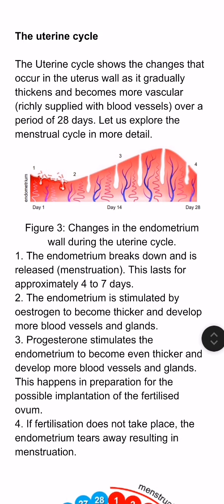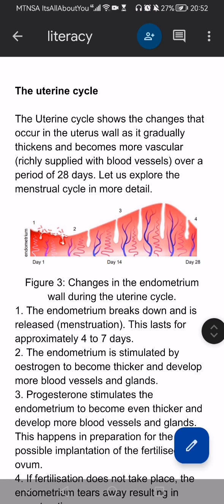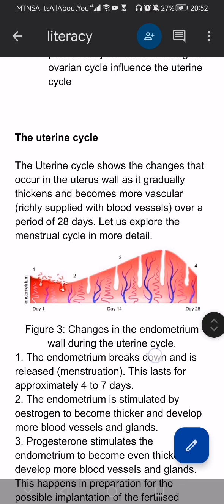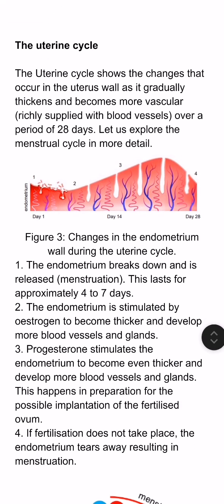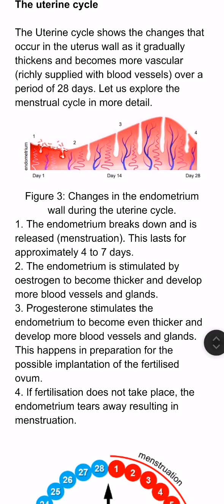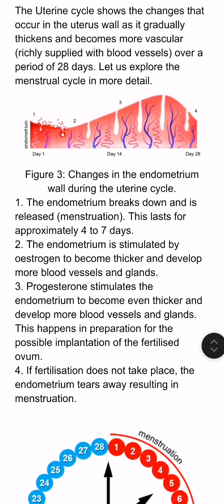The purpose of this is to support the fertilized egg when it comes and sits on the wall of the uterus. That's where the baby or the fetus will get proper nutrients and so on transported to it, right? The process of menstruation can be broken down into these 4 steps.